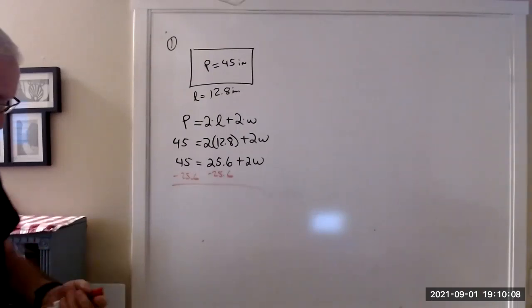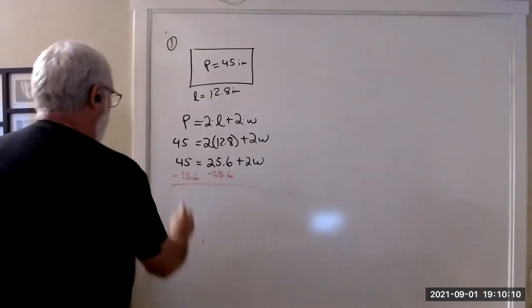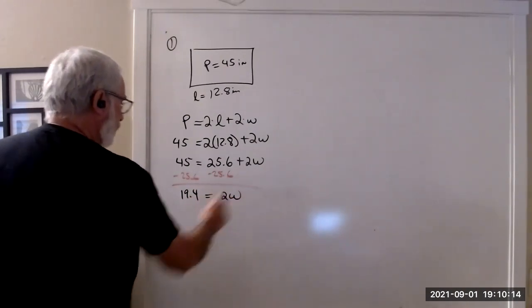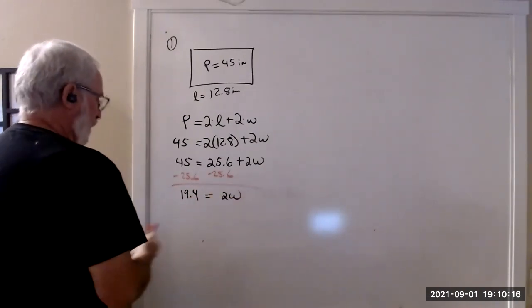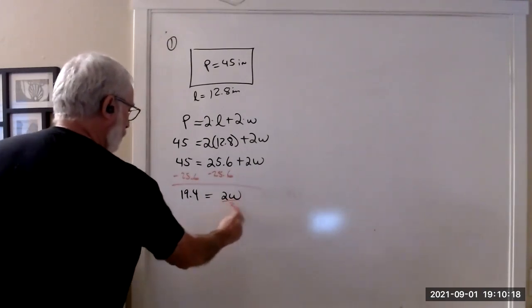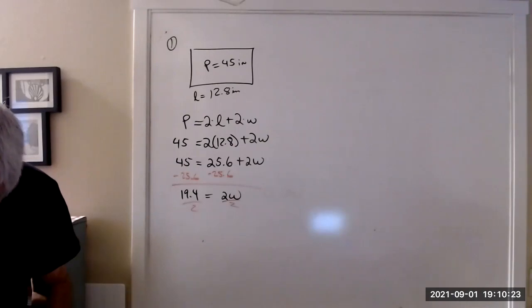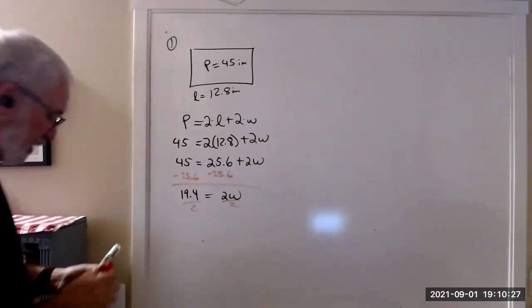I wasn't even close. That's why I don't trust myself. 19.4 equals 2W. So we're going to divide both sides by 2. On my calculator, 19.4 divided by 2 is 9.7.